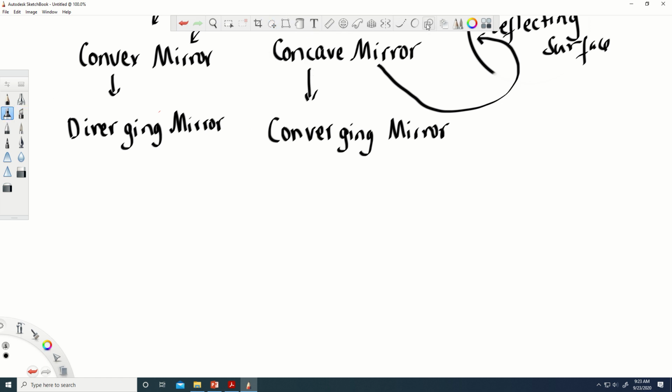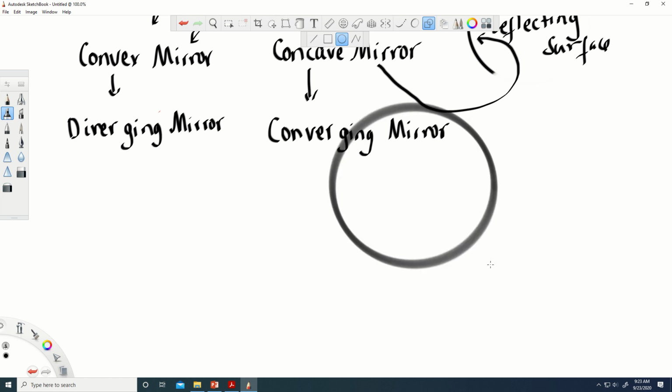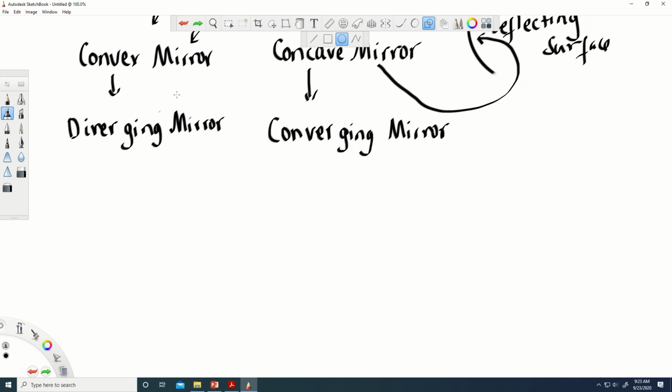So let's say you have a sphere. And you know that a sphere is characterized by its center, so it has a center. So let's say that's the center of the sphere. Okay, and then it also has a radius. Any circle has a radius.